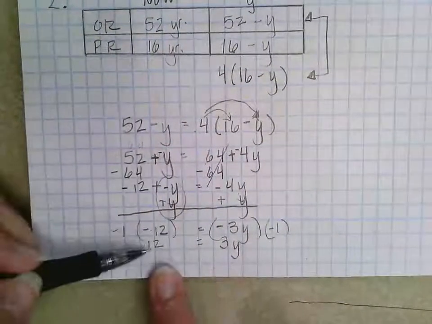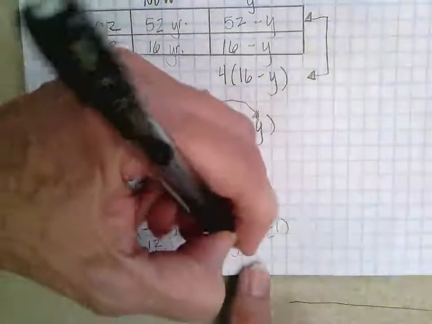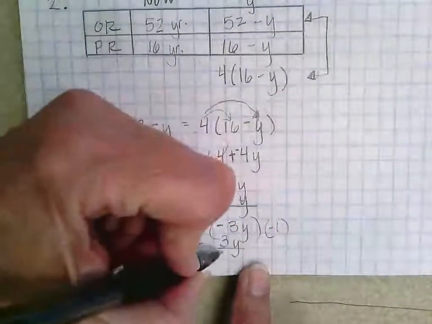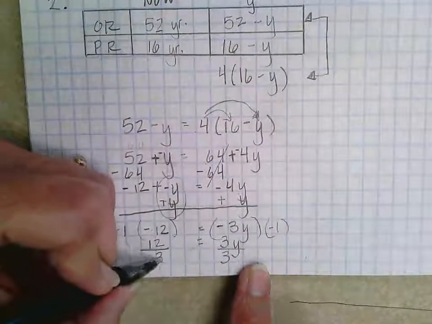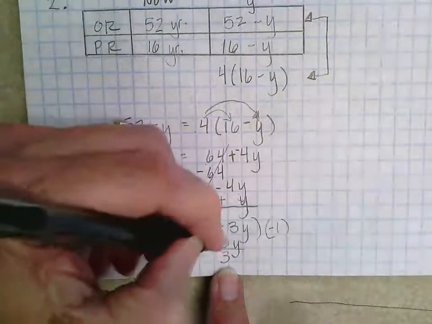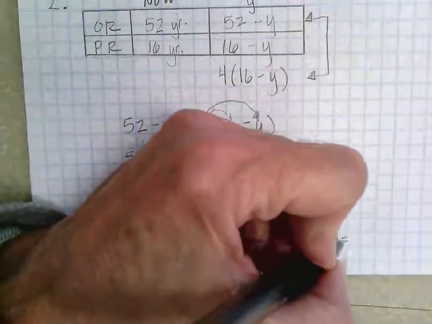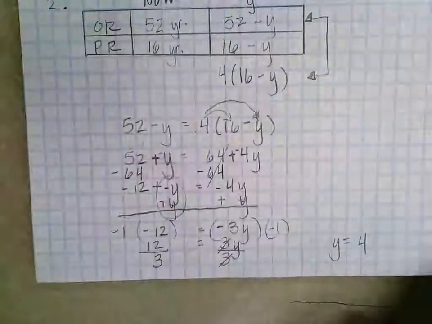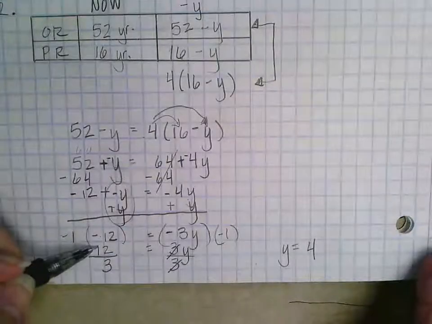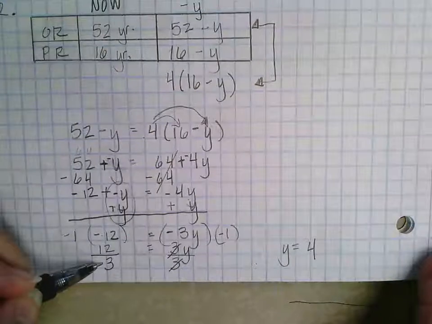So now I have 12 equals 3y, and I can divide both sides by 3 so that I'm just left with a y on this side. And I'm going to have y equals 4 when I divide 12 by 3.